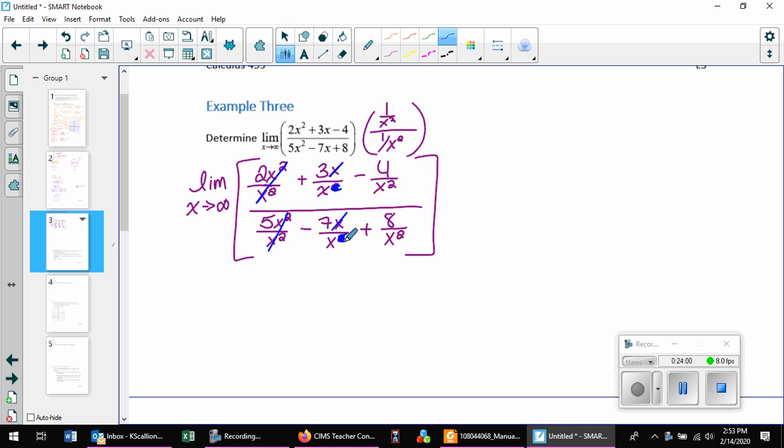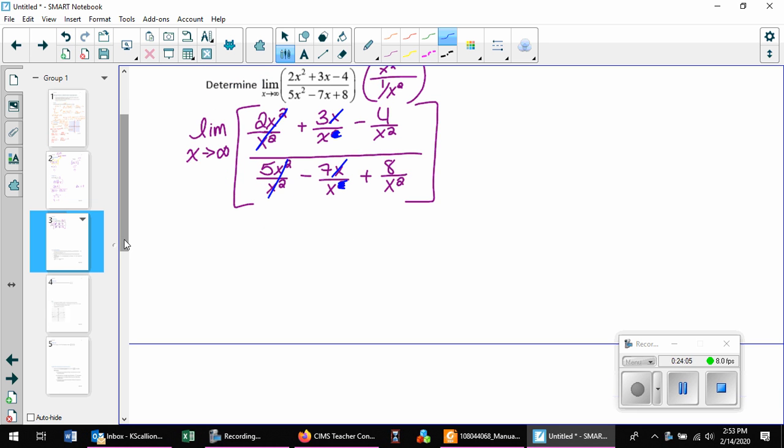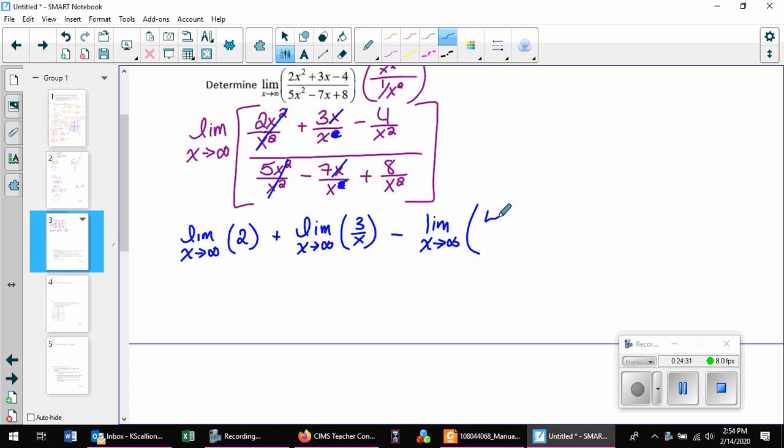How do you feel about that? Not terrible? Okay, so, and I'm going to bust it out right into limit theorems right away. So I'm going to have the limit as x approaches infinity of 2 plus the limit as x approaches infinity of 3 over x minus the limit as x approaches infinity of 4 over x squared.